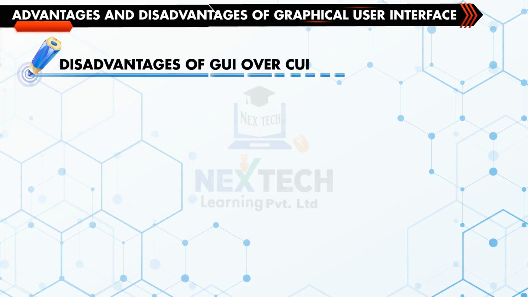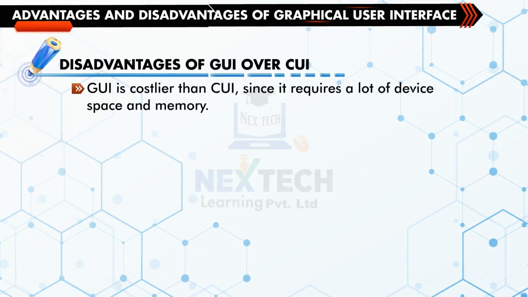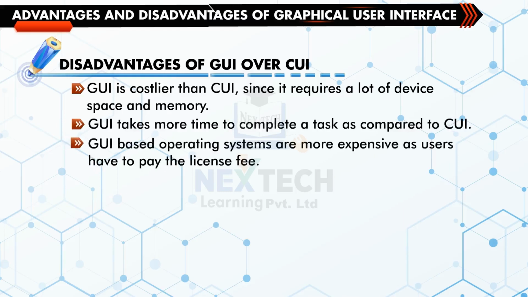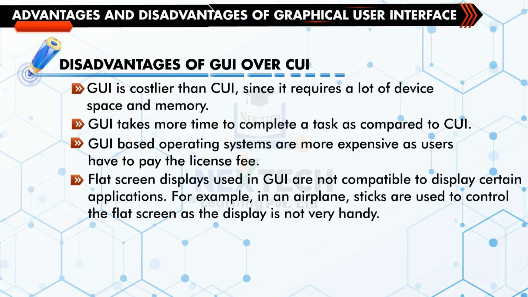Disadvantages of GUI over CUI. GUI is costlier than CUI since it requires a lot of device space and memory. GUI takes more time to complete a task as compared to CUI. GUI-based operating systems are more expensive as users have to pay the license fee. Flat screen displays used in GUI are not compatible to display certain applications.